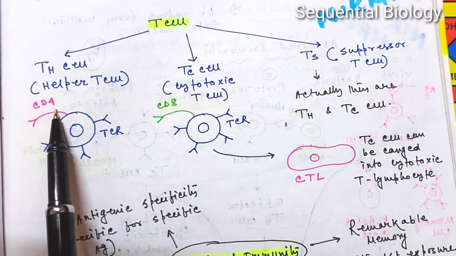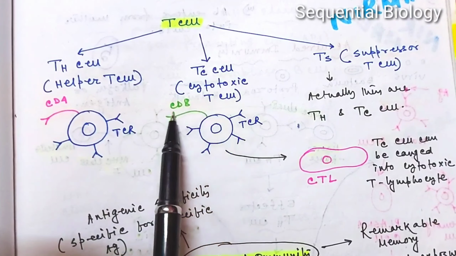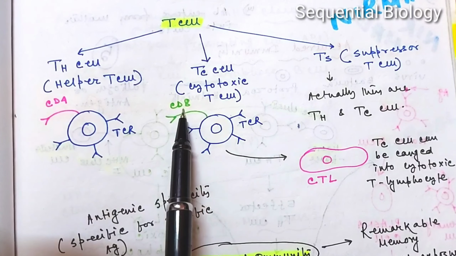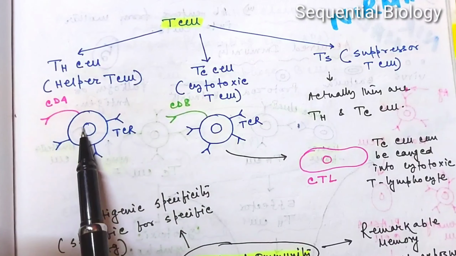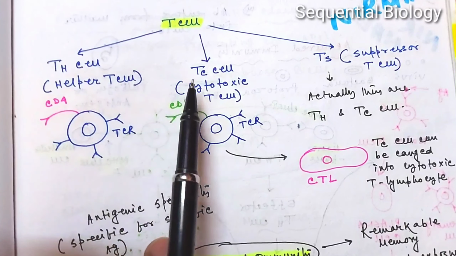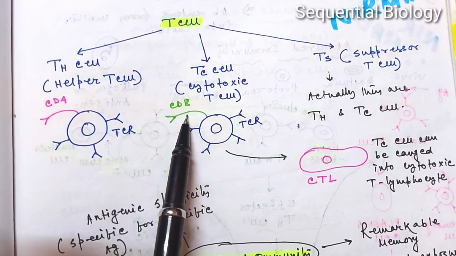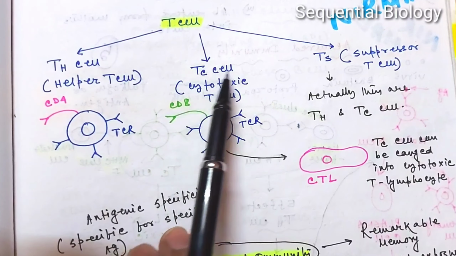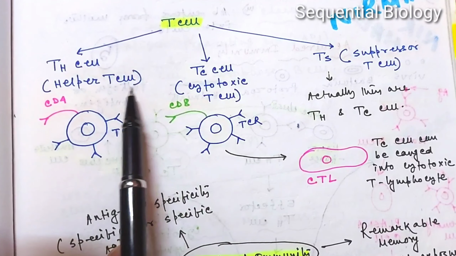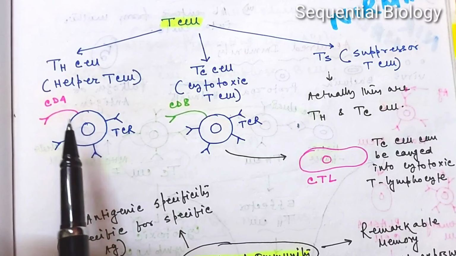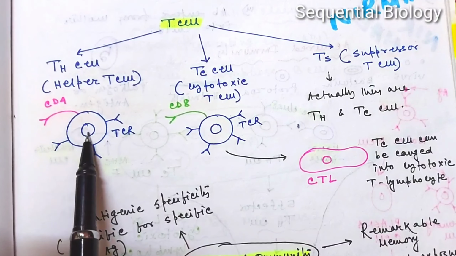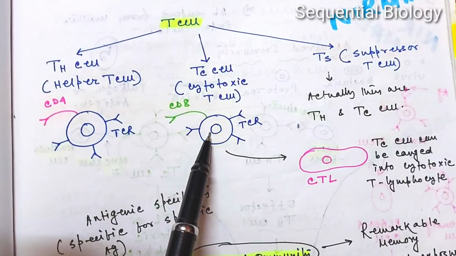Marker protein: in the helper T cell, a specific type of marker protein is present, known as CD4. And in the cytotoxic T cell, a special type of marker protein is present, known as CD8. So CD4 is present in helper T cells, and CD8 is present in cytotoxic T cells. The helper T cell causes the secretion of cytokines, which activate humoral immunity and also cell mediated immunity.